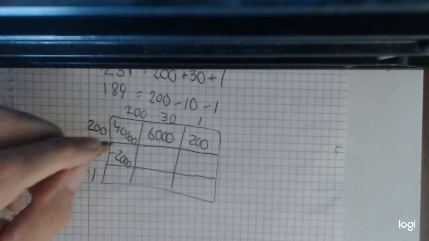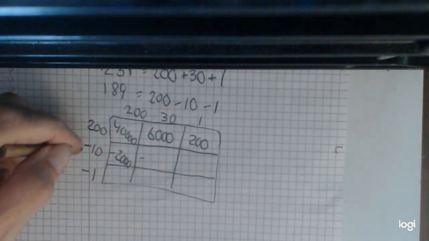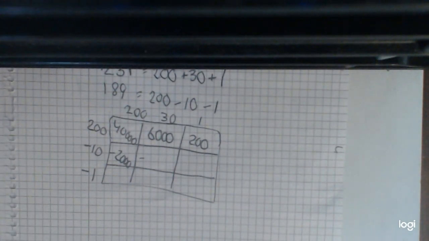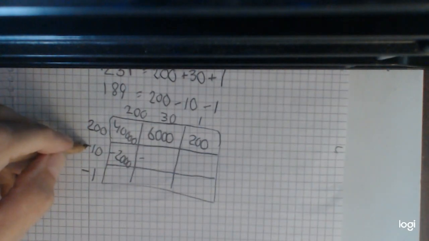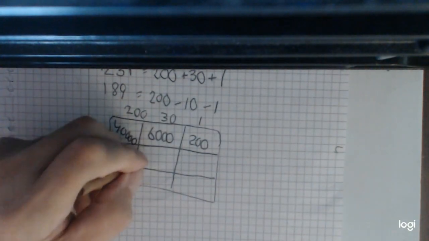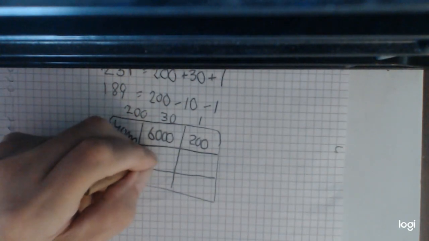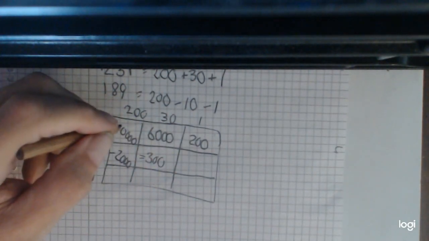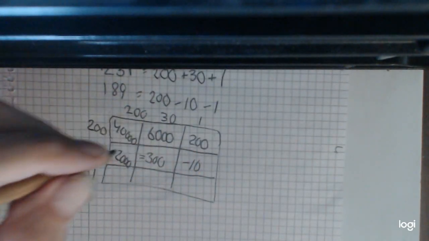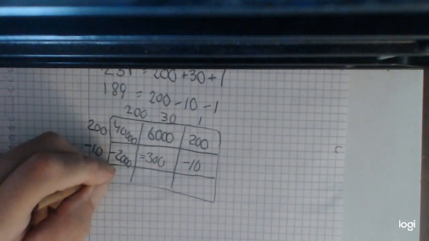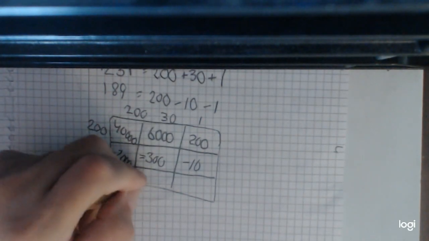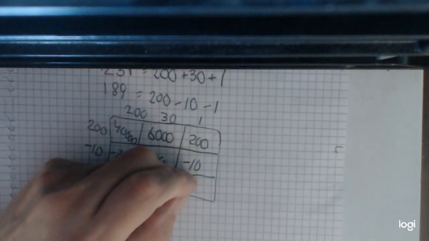And then you have minus 10 times minus 3, that's 300. And then you have minus 10 there. And here you have minus 200, minus 30, minus 1.